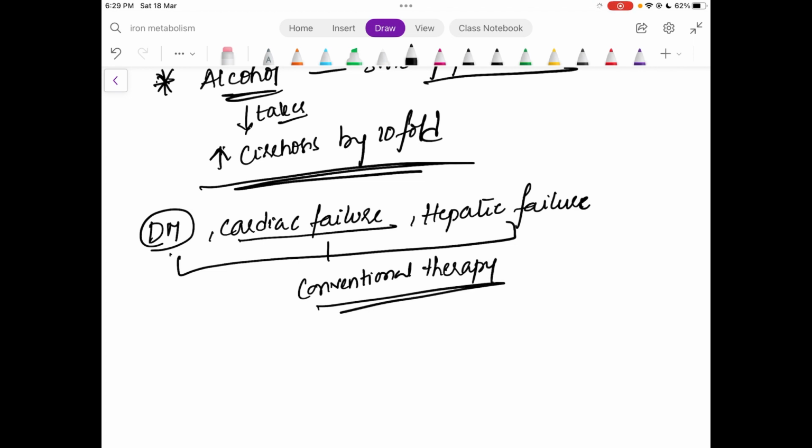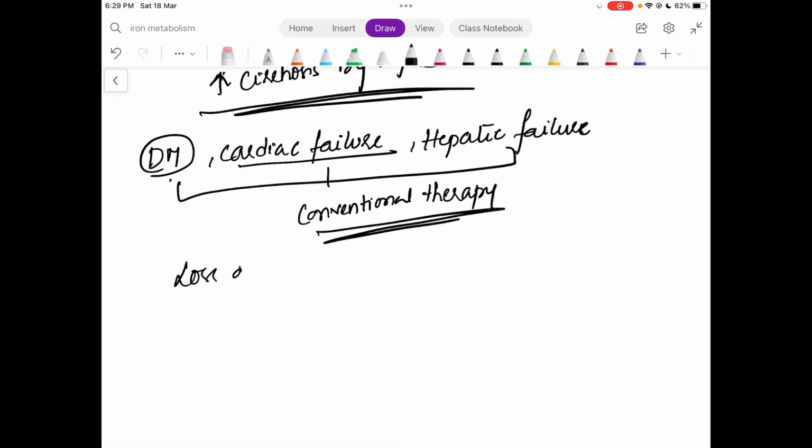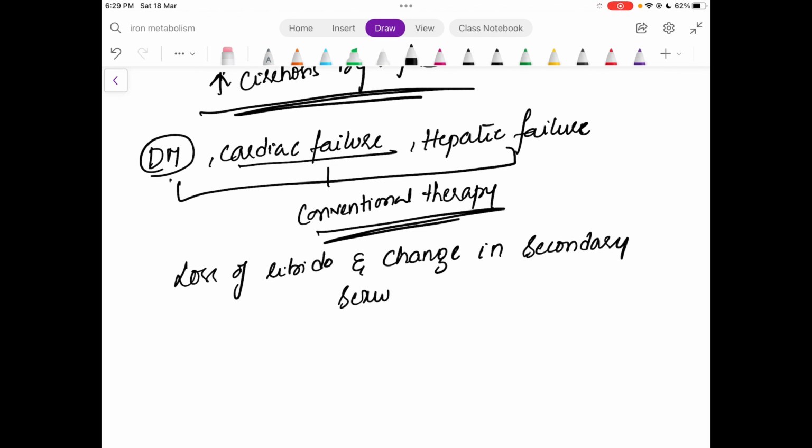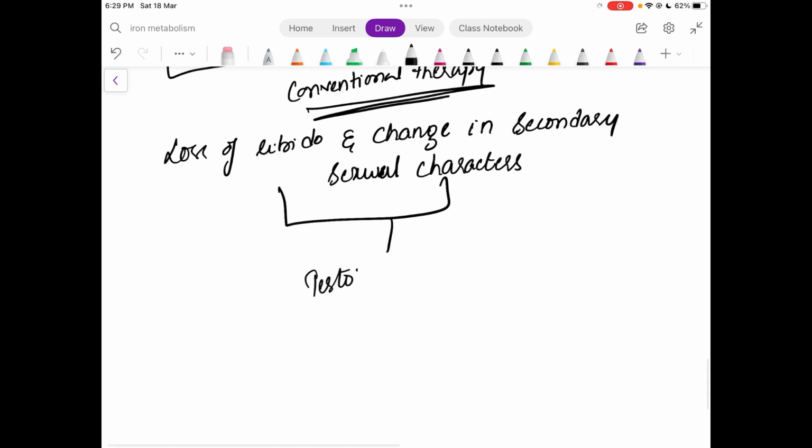Whichever treatment is done for these patients, you have to do those treatments. And loss of libido and change in secondary sexual characters are treated by testosterone and gonadotropins.